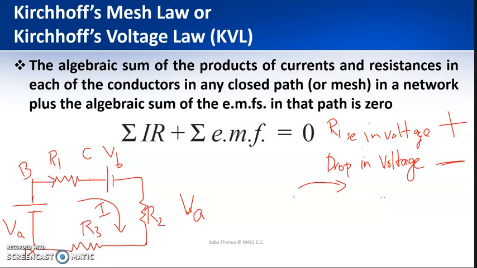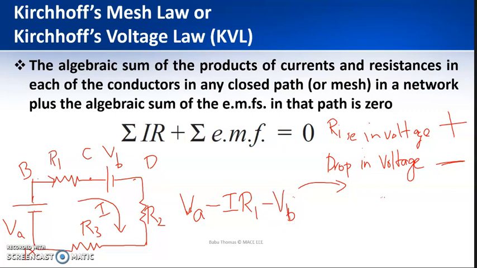So the point B will have a higher potential when compared to point C. So it is a drop in potential. So it is minus I into R1. Then from point C to point D, I am moving from a plus terminal to minus terminal. So it is a drop in potential. So it is minus VB.